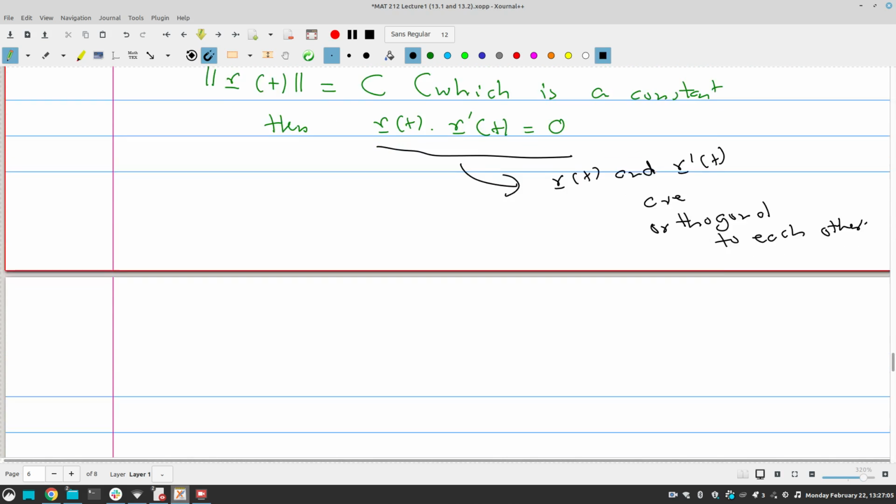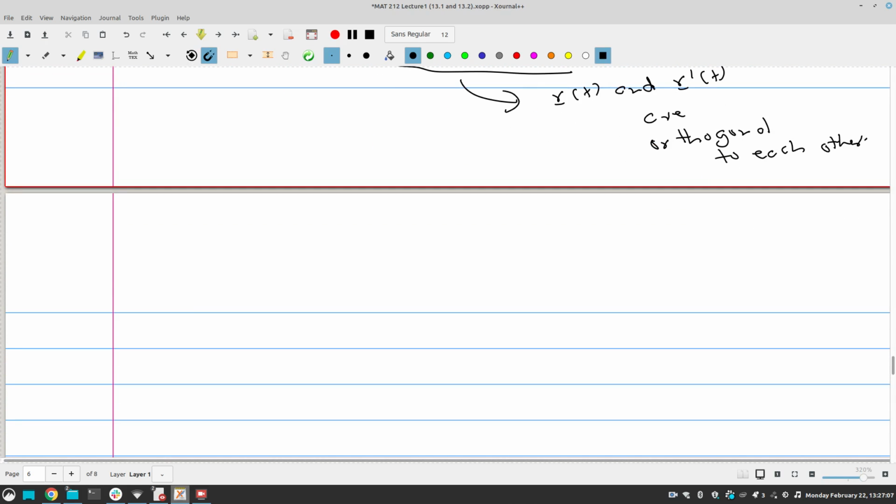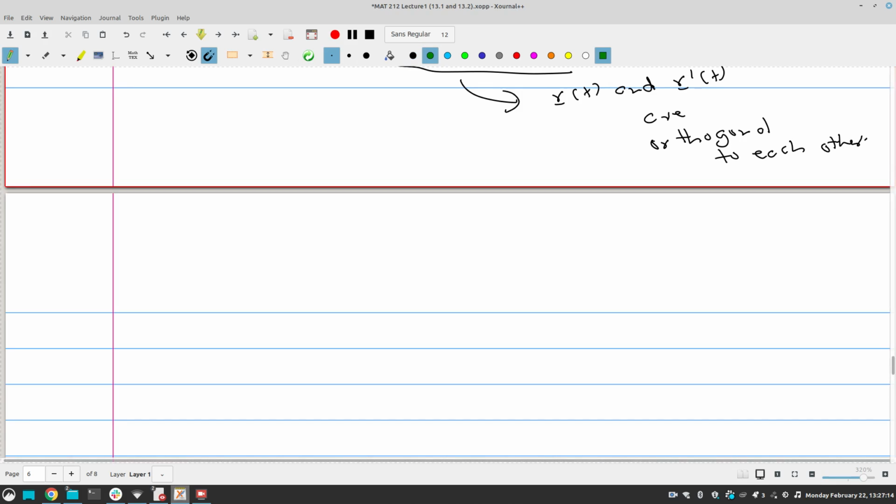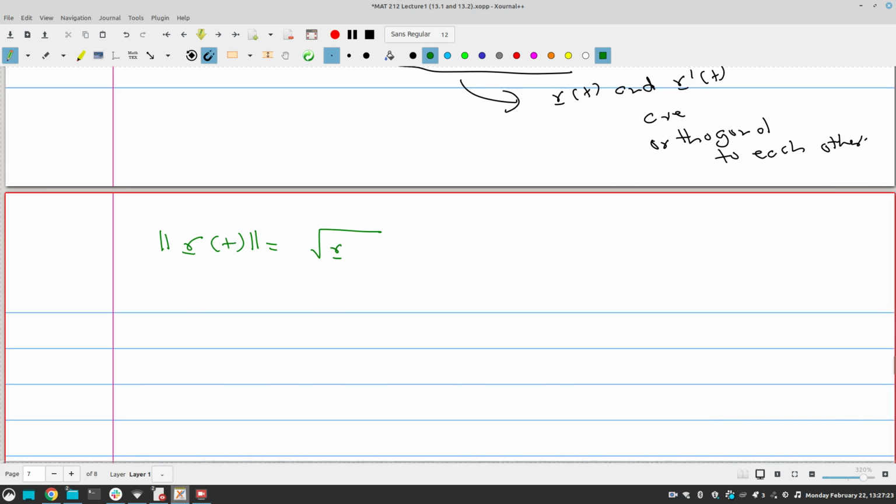So how do we prove this? Remember, what is the magnitude of r t? This is equal to the square root of r t dot r t. This is theorem 4 on page 901.